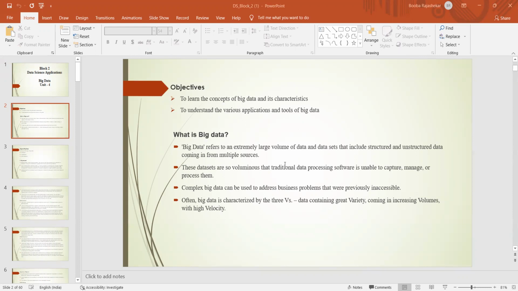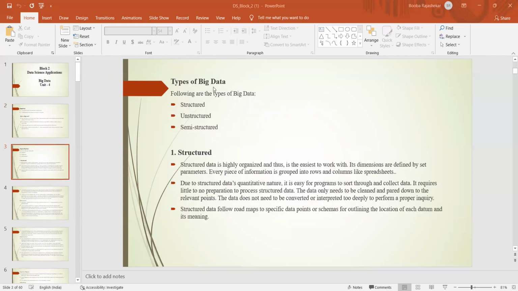These data sets are so voluminous that traditional data processing software is unable to capture, manage, or process them. Complex big data can be used to address business problems that were previously inaccessible. Often, big data is characterized by three Vs: data containing great variety, coming in increasing volumes and with high velocity.